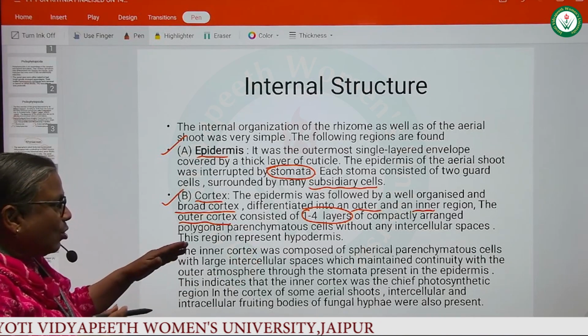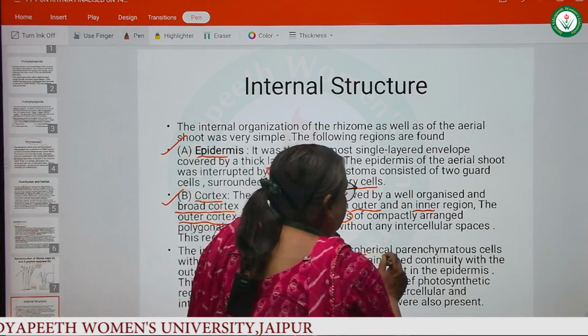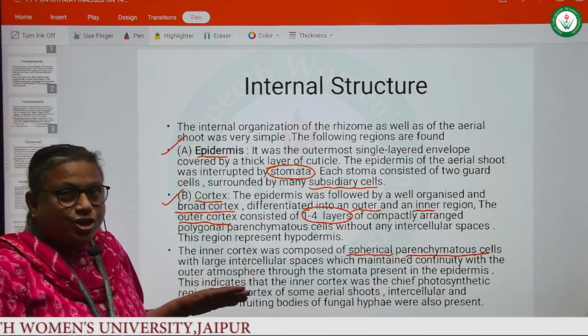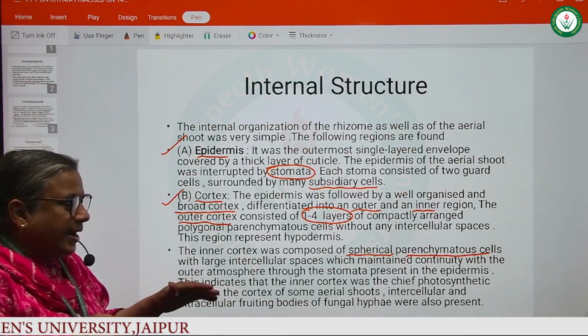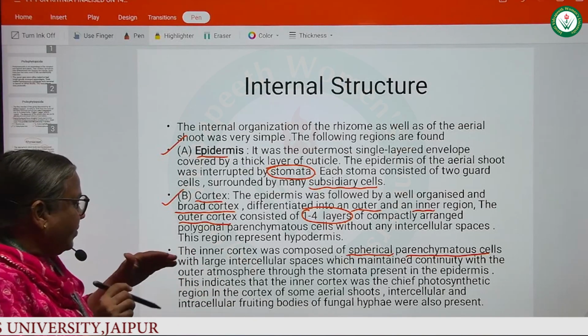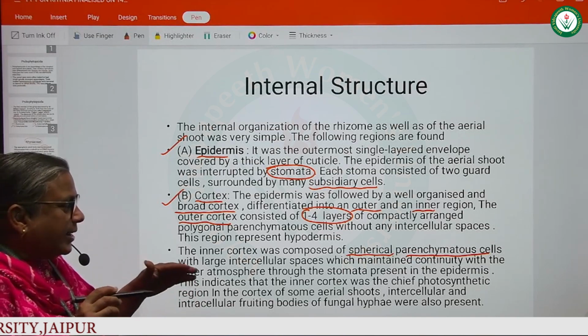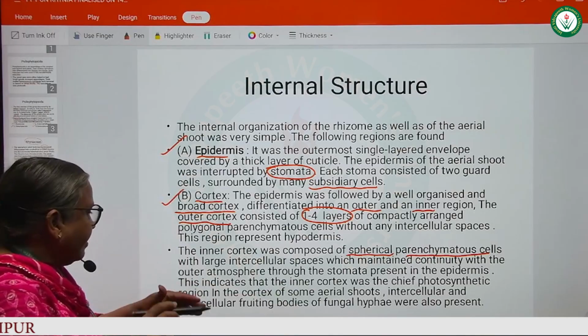The inner cortex was composed of spherical and parenchymatous cells with large intercellular spaces which maintained continuity with the outer atmosphere through the stomata present in the epidermis.